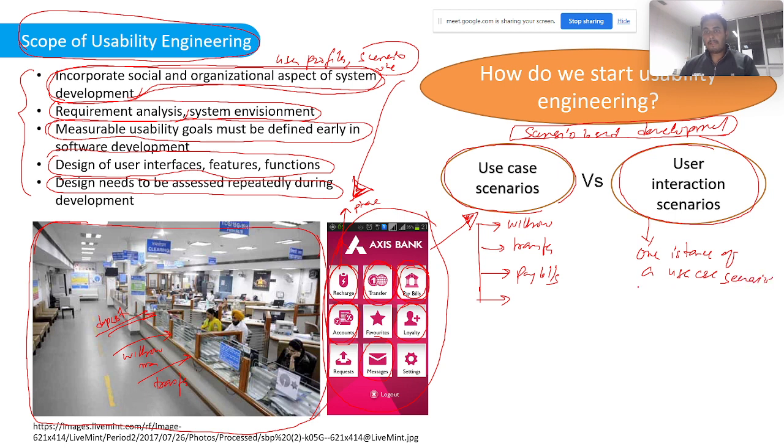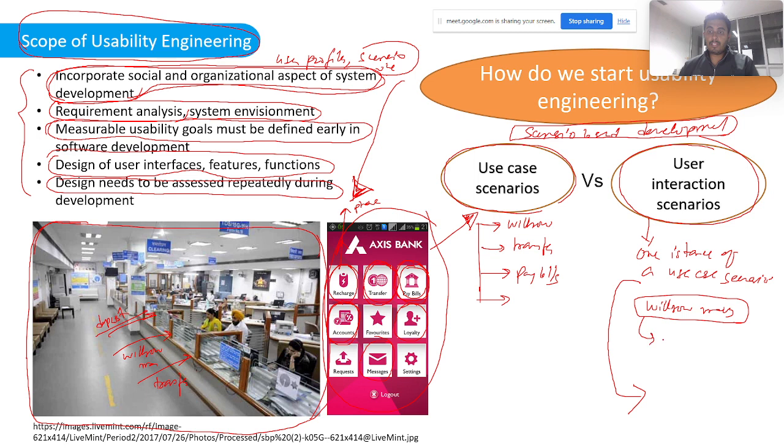For example, it tells you the story about what happens when a person tries to withdraw money. What set of actions, activities, and mental processing a particular user performs, you try to understand from a user interaction scenario.